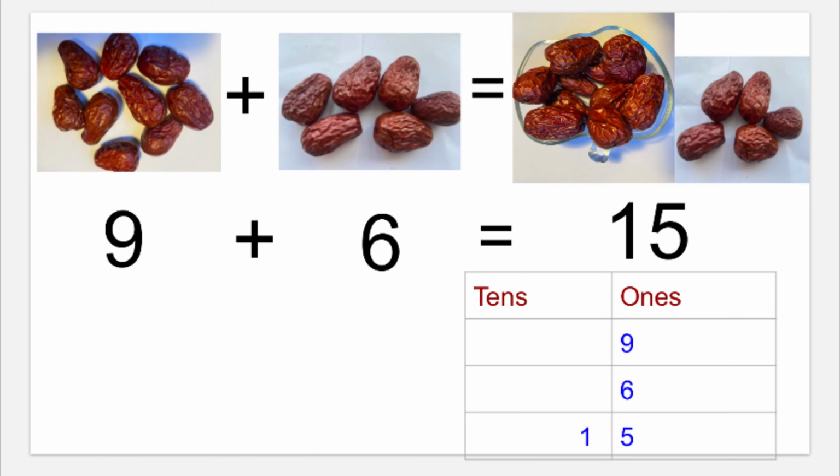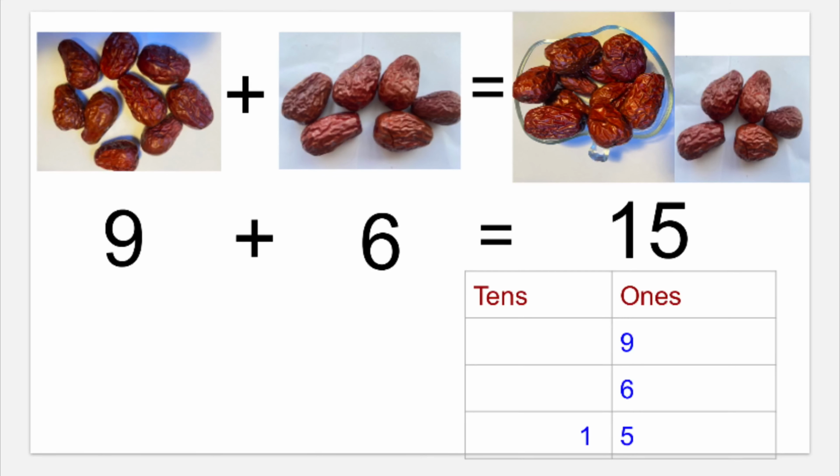Now we have 2 digits, because we cannot put more than 9 in one digit, so we make another digit, that is the 10. And the 10 is in the balls. 1 ten is here, and 5 represents the ones.